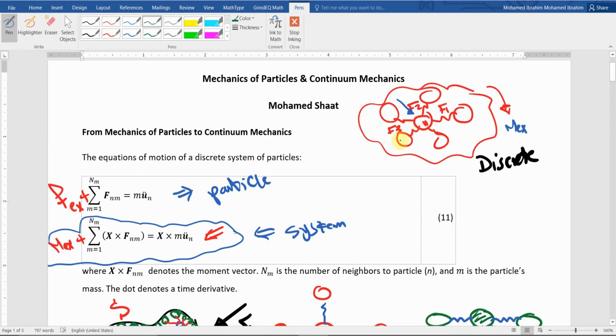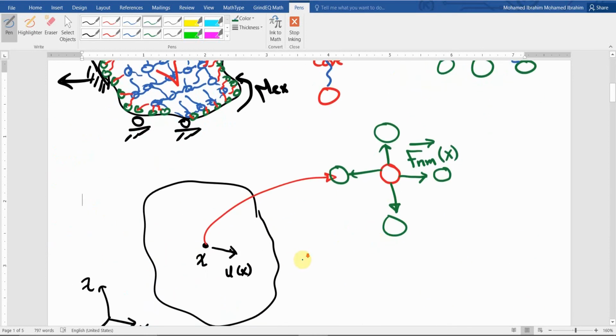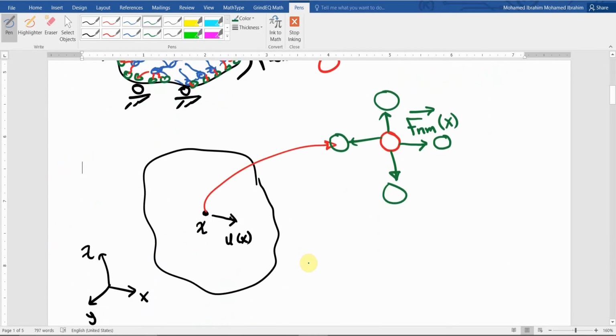We cannot locate or identify particle N inside the continuum. But here we are going to identify the particle as a point. So that's why this is the particle that is located at point X. It will be subjected to some interaction between the particle and the other particles within the continuum.